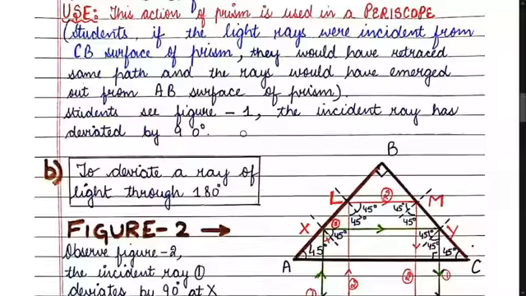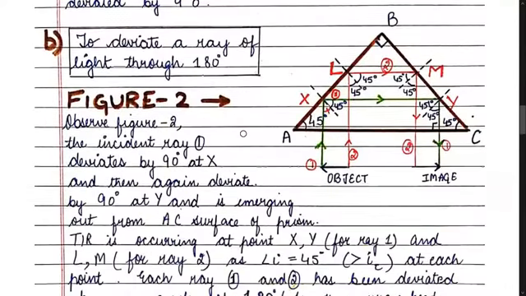Now let us continue with our second ray diagram. And here we have to deviate a ray of light through 180 degree. Now students, observe figure number 2. Here I have taken an object, placed horizontally such that the arrowhead is pointing towards the number 1 I have written.